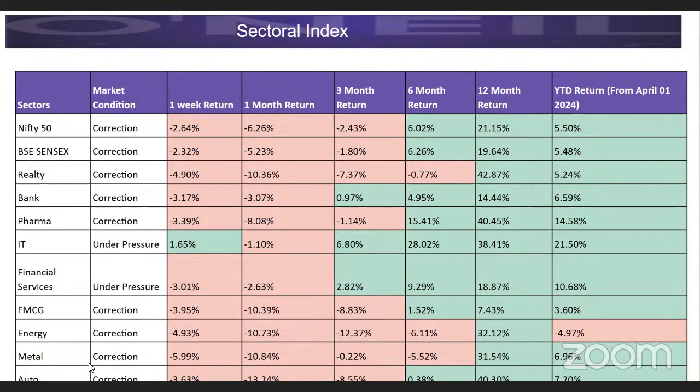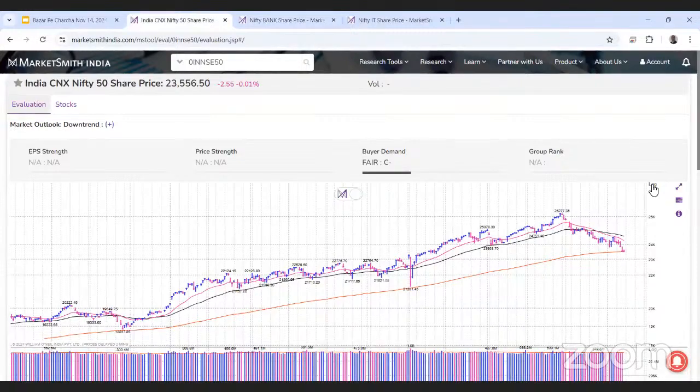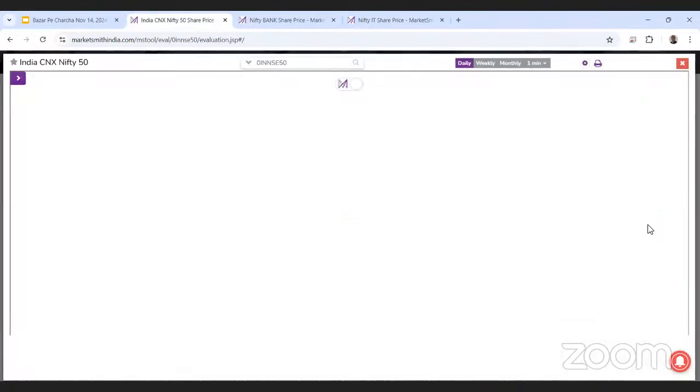So let's move on to the chart to see how the market is placed currently. Nifty.